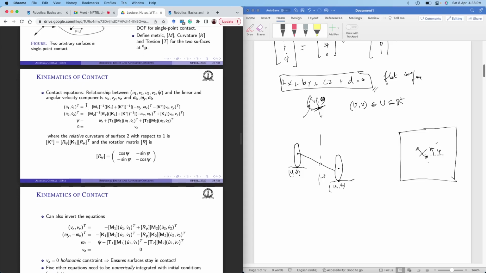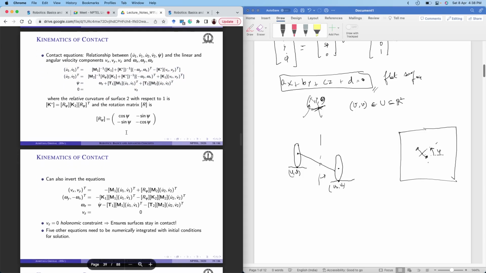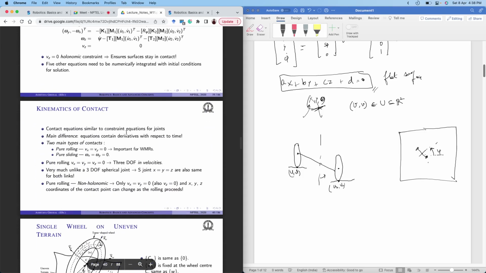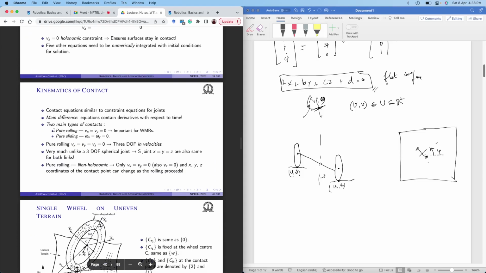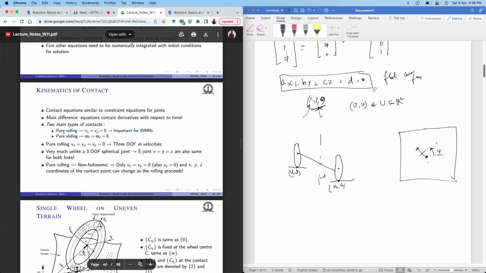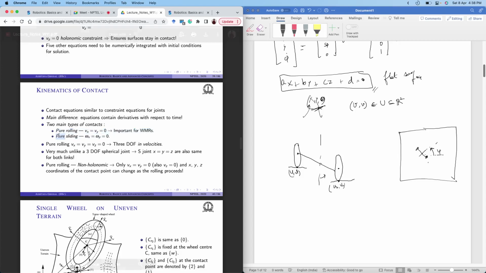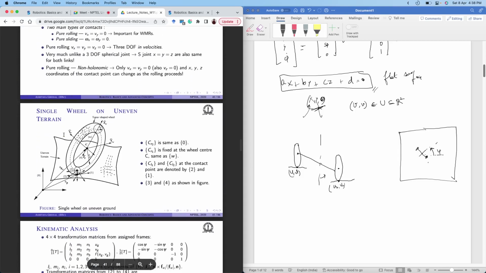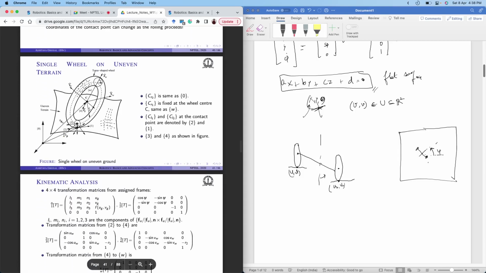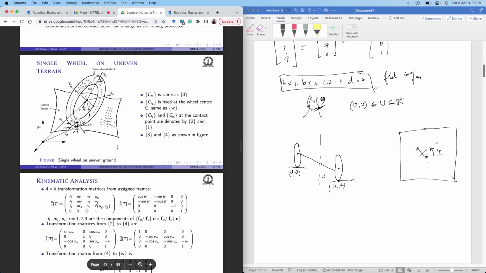And then the lecturer has given the equation of motion directly for that, the kinematics. Then there is a discussion of two types of contacts: pure rolling and pure sliding, and then you can try to take a combination of those as well.